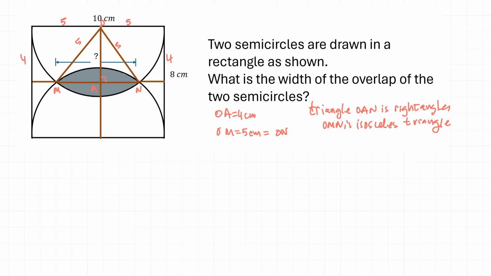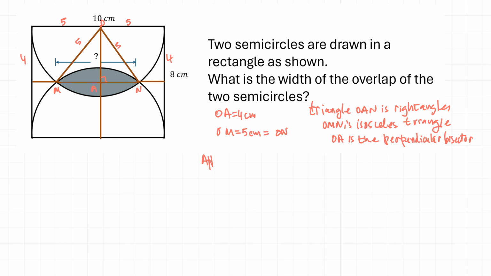OA is a perpendicular bisector. So I can now find what OA is using Pythagoras theorem.